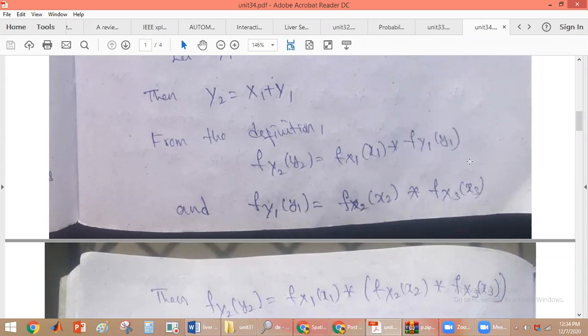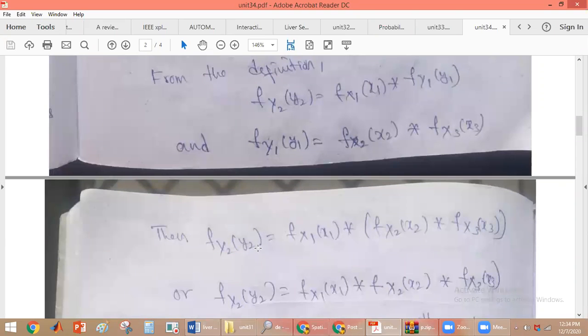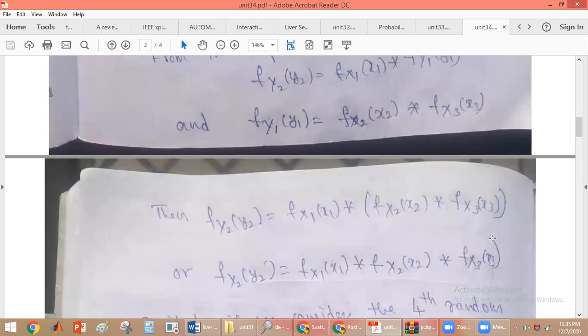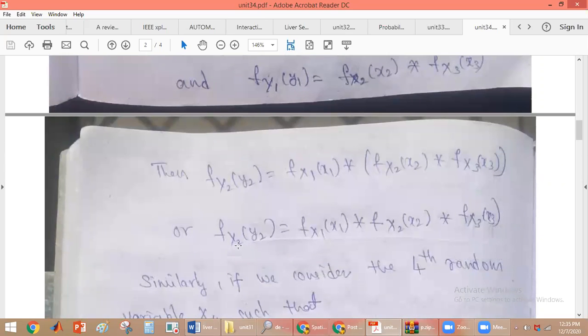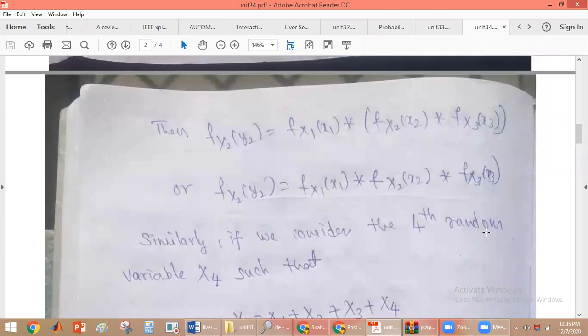So what do you get? Fy2 of y2 will be equal to fx1 of x1 convolution fx2 of x2 convolution fx3 of x3. So y2 is x1 plus x2 plus x3, and the probability density function of y2 will be the convolution of the probability density functions of x1, x2 and x3.